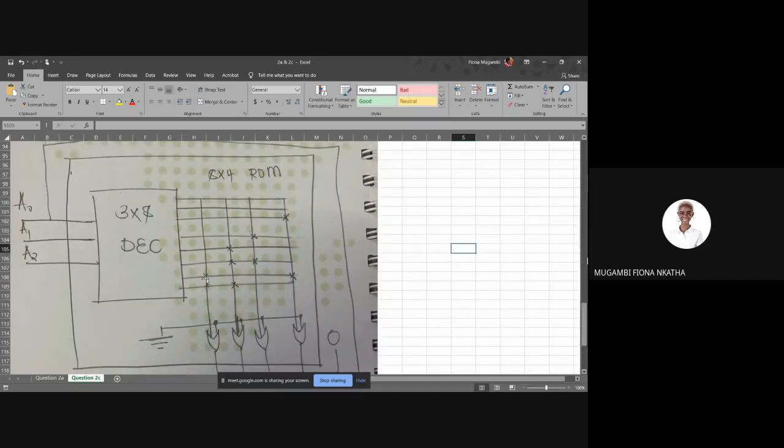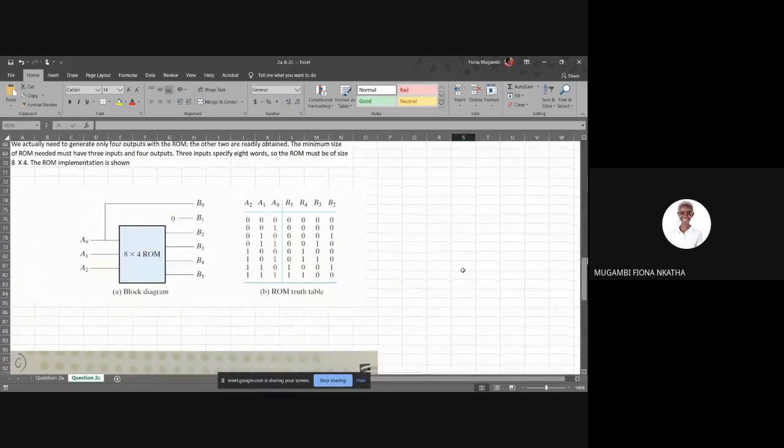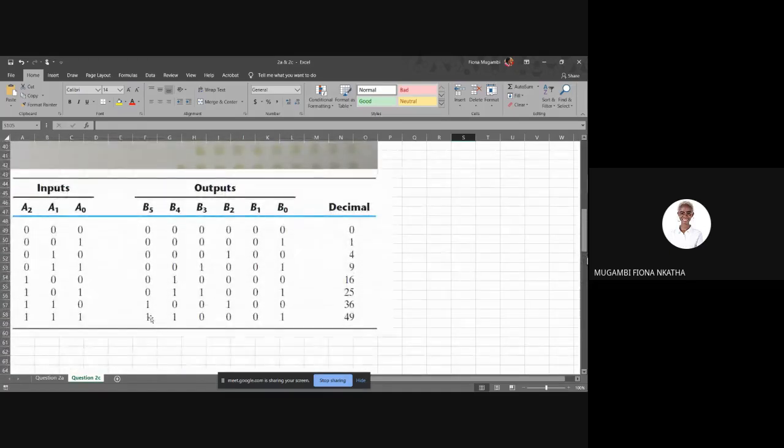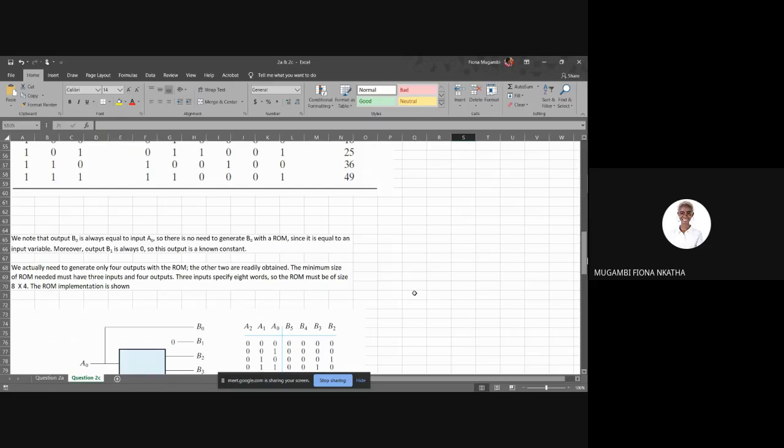So it means 7 and 6 are high, and the others are low. Let's look at if that is true from our truth table. You see 7 and 6 are high, and the rest are low. If you've been given a circuit and you need to obtain the truth table from it, that's how you come up with it.